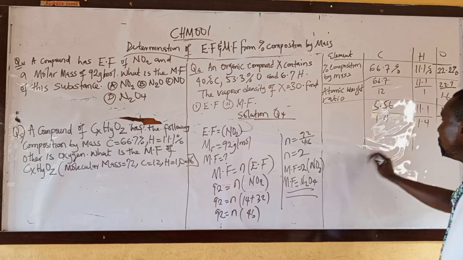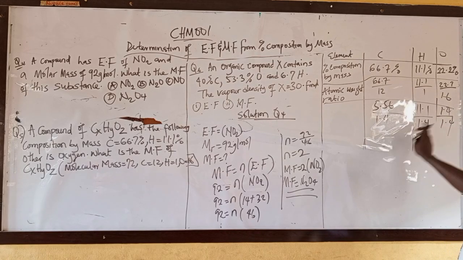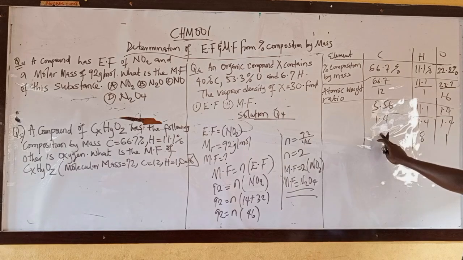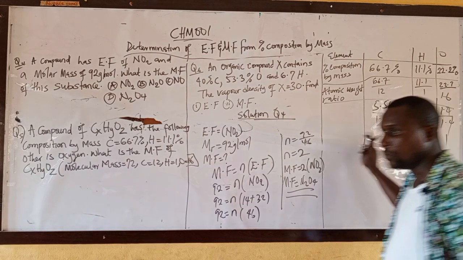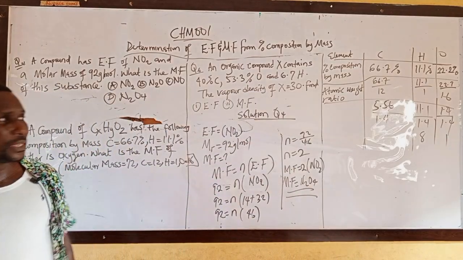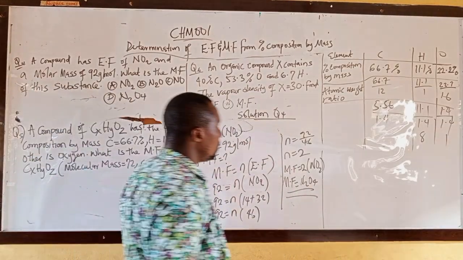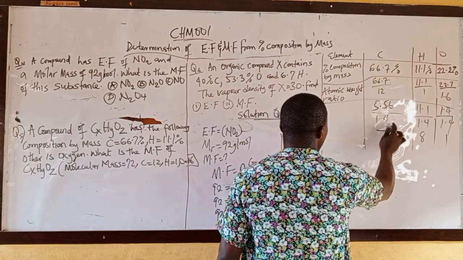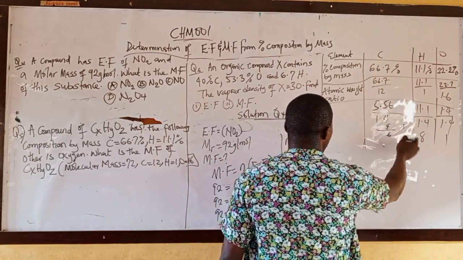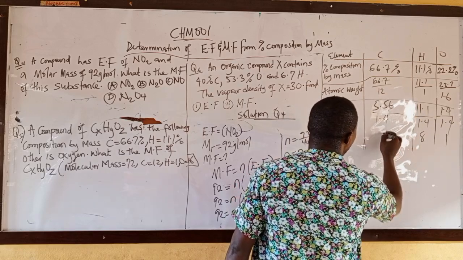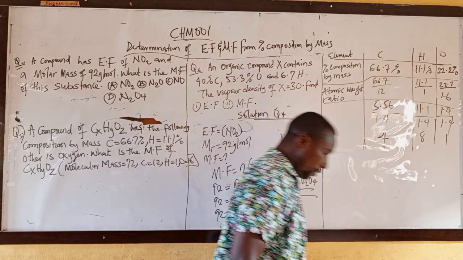This one will give you 4, this one gives you 8, and this one gives you 1. You have 4, 8, 1.